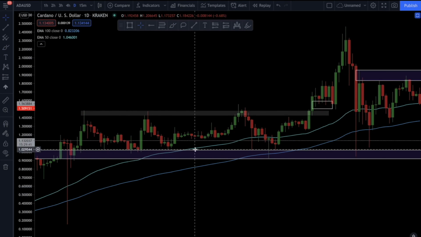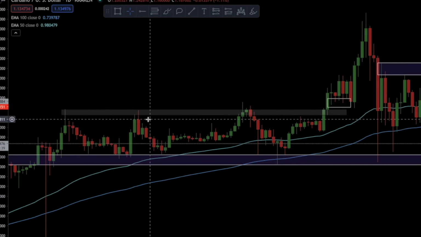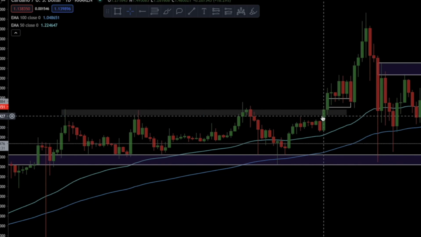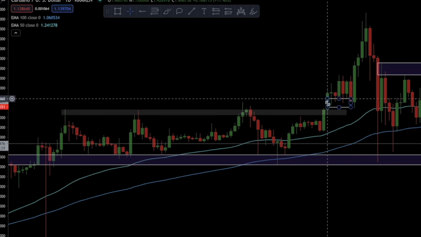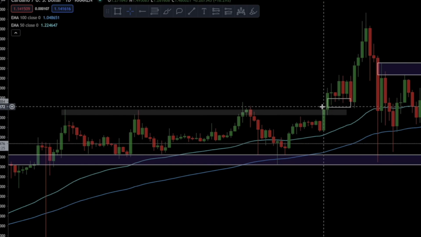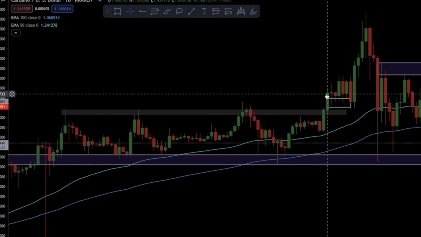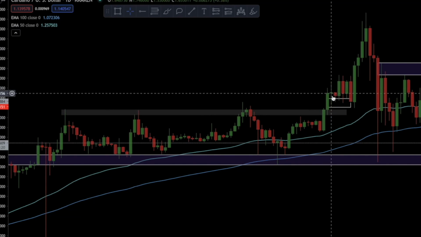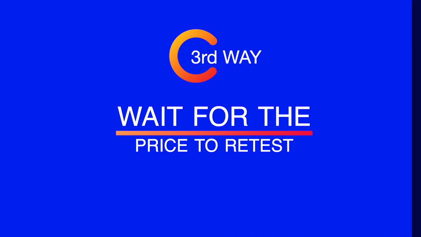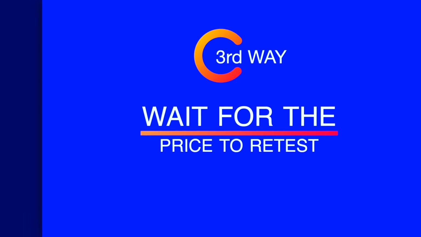Also here in this example, the price touched this resistance zone at least 2 or 3 times, and this area was only breached when this candle was formed above this zone. And you can see how, when the candle was formed and finished above this zone, the price then retested and then moved up.